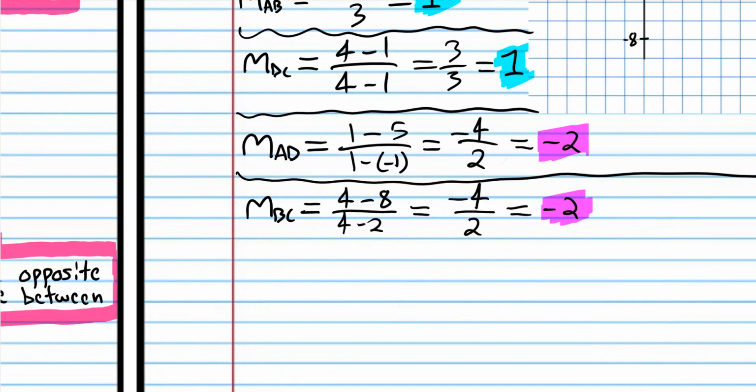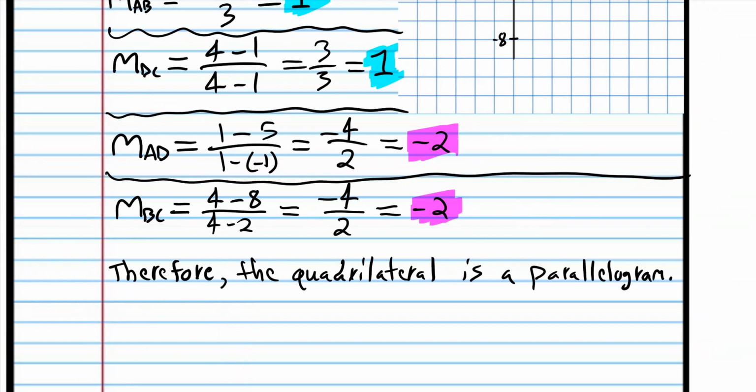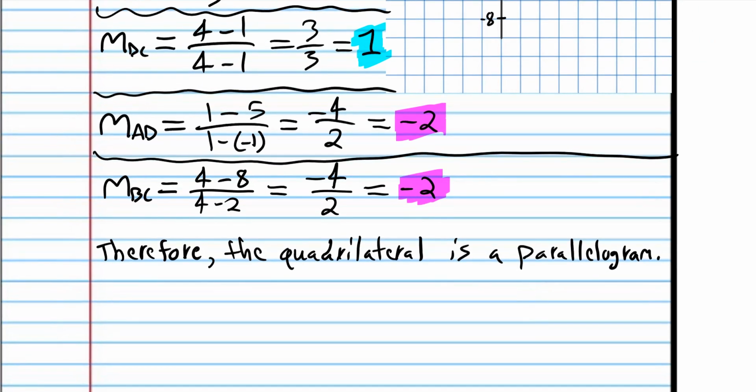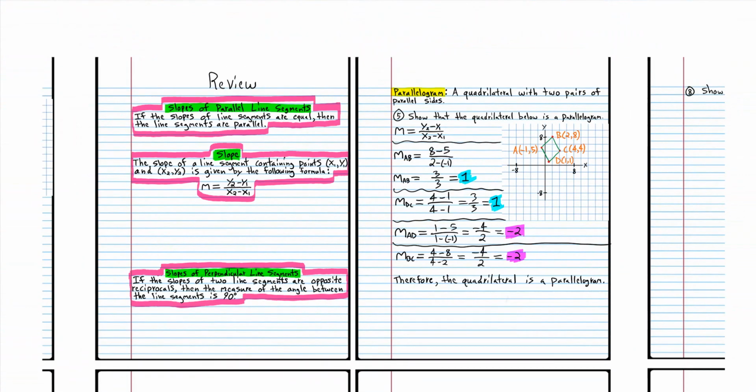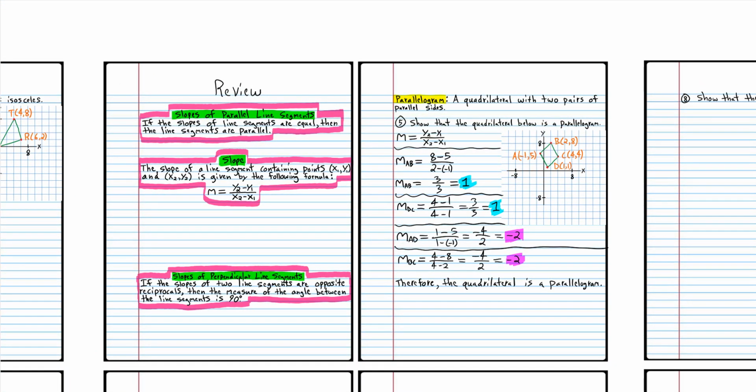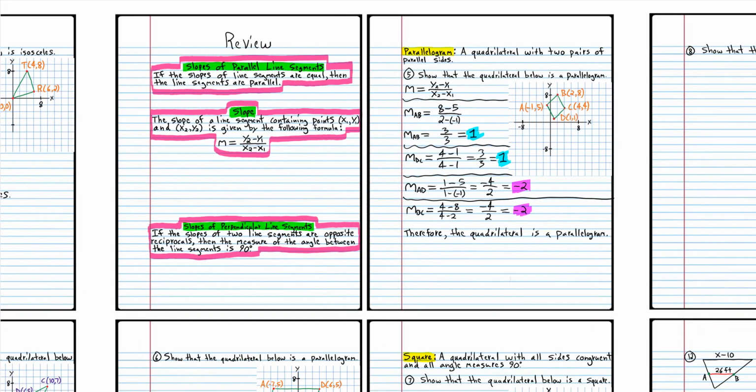So we can conclude, therefore, the quadrilateral is a parallelogram. And we're done. So it's not too bad. It's a little harder than the first two problems we did, but it's not so bad.